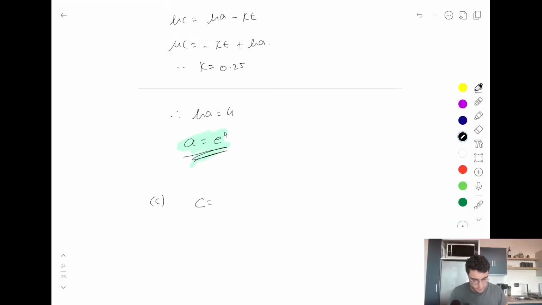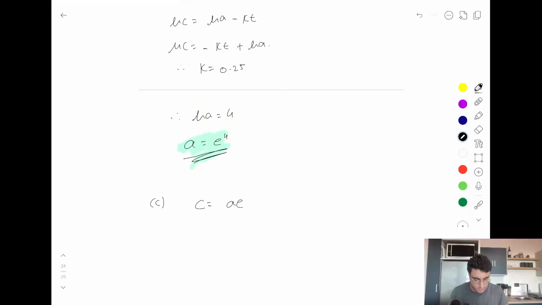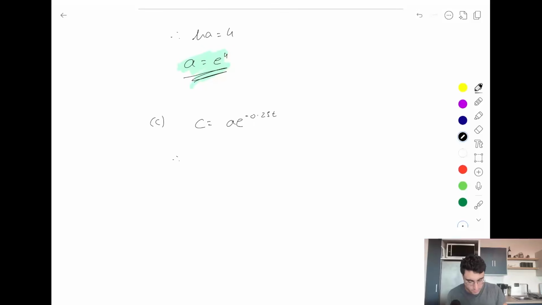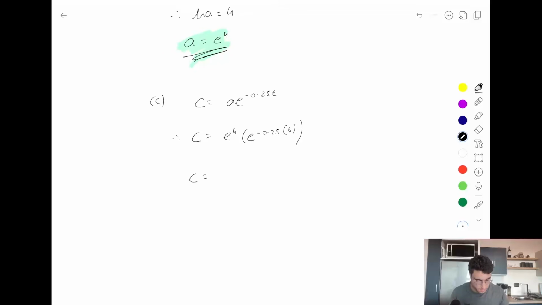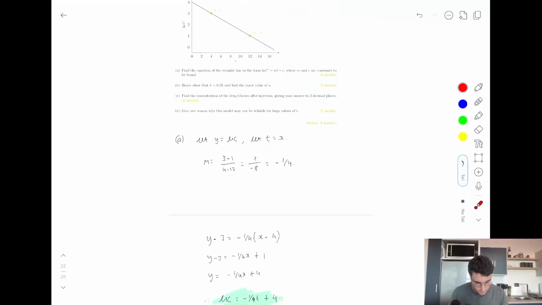So C is equal to AE to the negative 0.25 T, which means in this case the concentration at 6 hours is e to the 4 times e to the negative 2.5 times 6, and when we plug that in, what we're going to get is 12.18 milligrams per litre, to two decimal places.